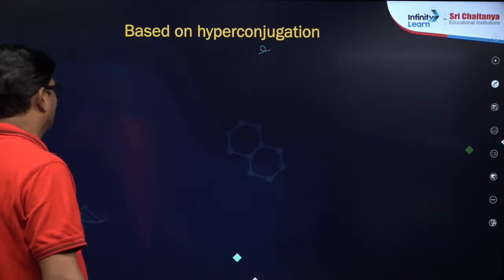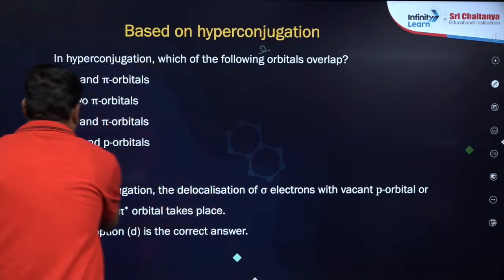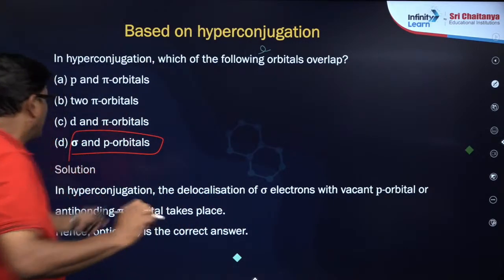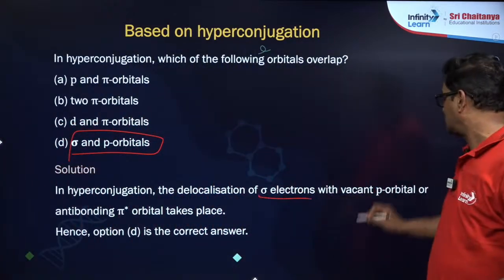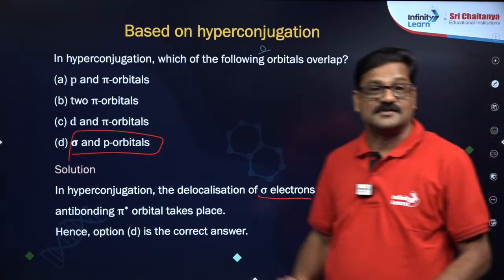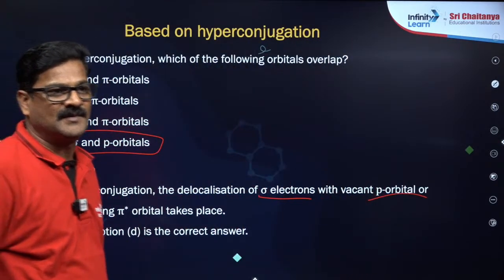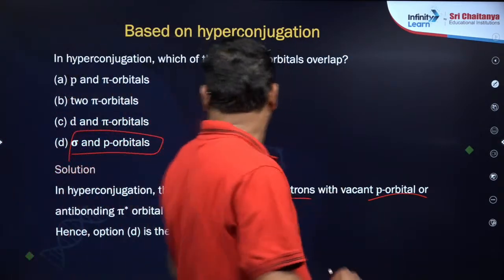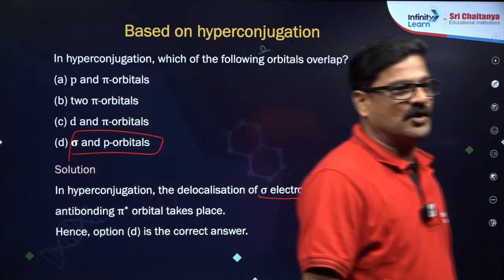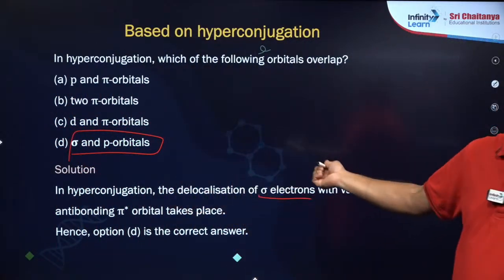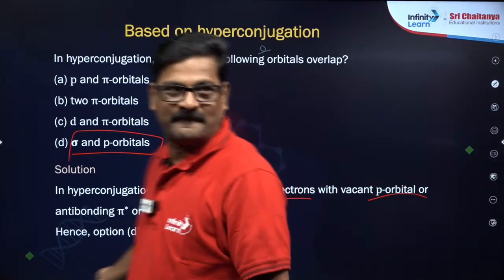P and p orbitals, no beta. Now it is going to be sigma and p orbitals, because in hyperconjugation the delocalization of sigma electrons with vacant p orbitals or pi orbitals takes place. Fine? S and p, right? That's good. Bharat, good. So Abhijit, you correct yourself, right? Fine.